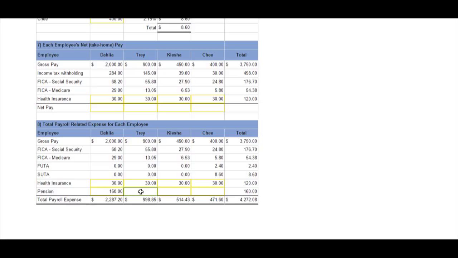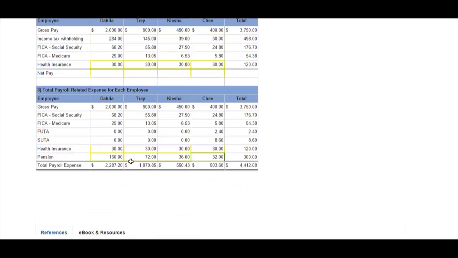For Trey, it's 8% of 900, or 72. For Keisha, it's 8% of 450, or 36. And Chi is 8% of 400, or 32.